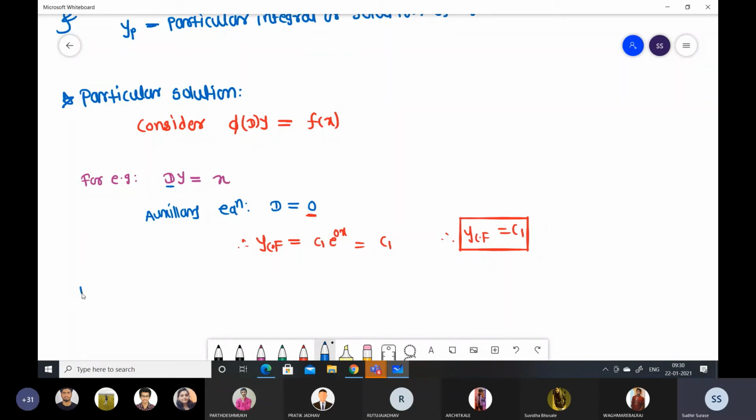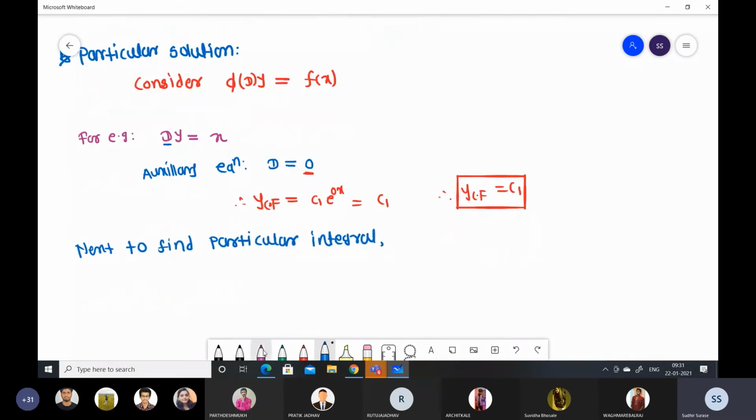And now we are looking for the particular integral. So to find the particular integral, we are going to use the inverse differential operator method.